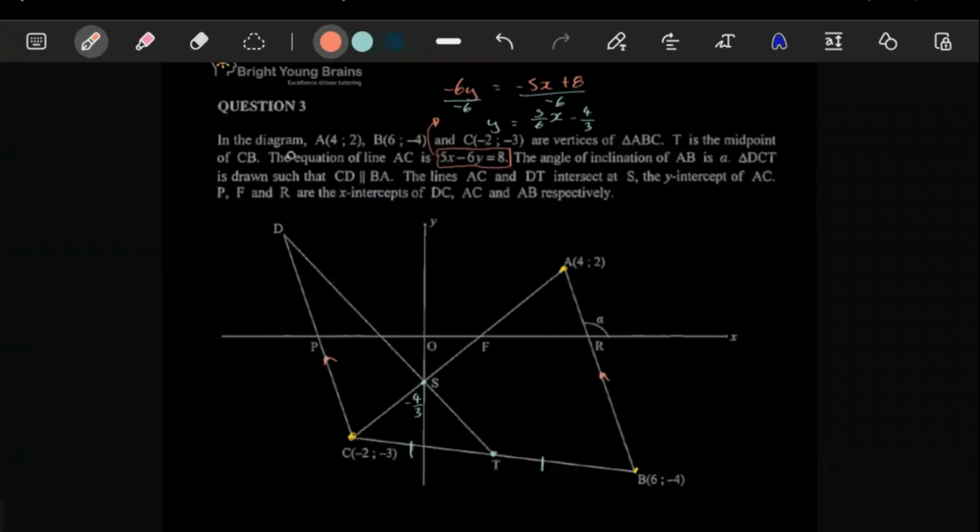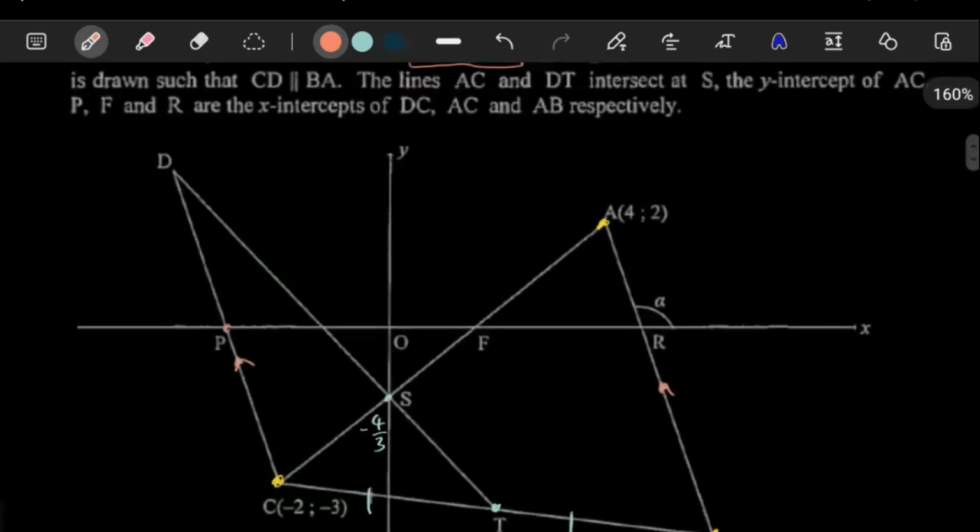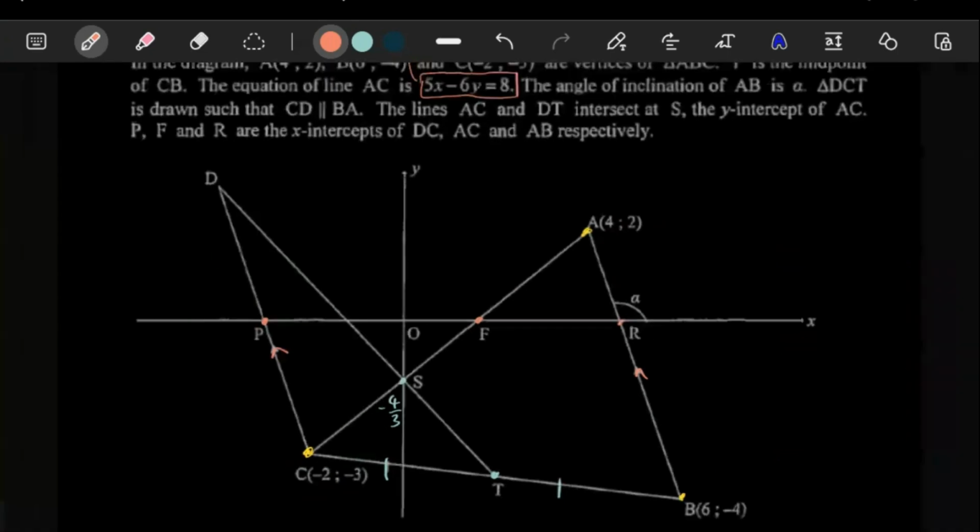Yes. And then they say P, F, and R are the x-intercepts of these different lines. There's no point there on AC, so we might never need it. But these ones that have been given names, we can just keep in mind. Let's just move on to the questions.